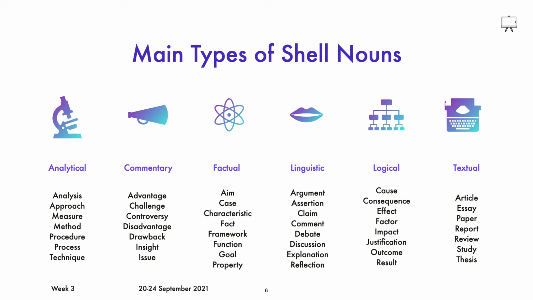Okay, aside from talking about your analysis, you can also comment on some of the points. For example, you may say the advantage of something, or the challenge of this research, or the controversy of the issue or the topic. Or the other way around, aside from saying advantage, you also say disadvantage, drawback.